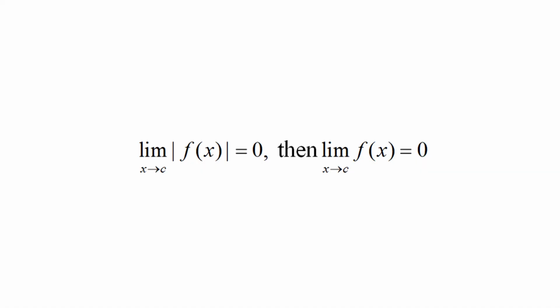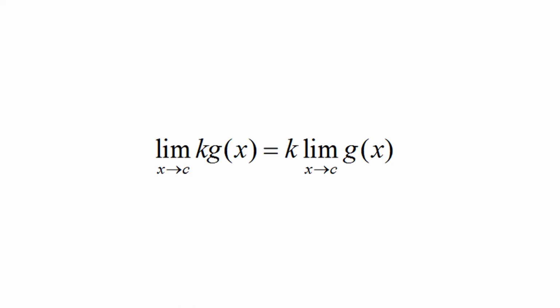As another example, we show that if limit of absolute value of f of x as x approaches c is 0, then limit of f of x as x approaches c is 0. We note that by the constant multiple rule, for any number k, limit of k g of x as x approaches c is k times limit of g of x as x approaches c.